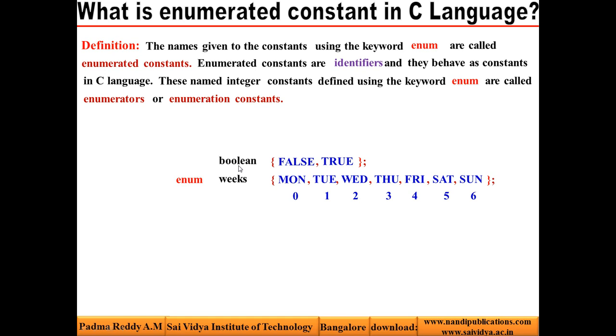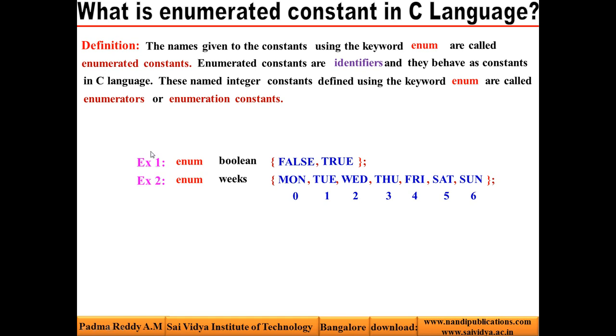So an identifier boolean must be associated with these constants false and true along with the keyword enum. Now the value of false will be 0 by default. So naturally the value of true, the next identifier, will be 1 more than the previous value. So if its value is 0, its value will be 1. So this is example 1, this is example 2.